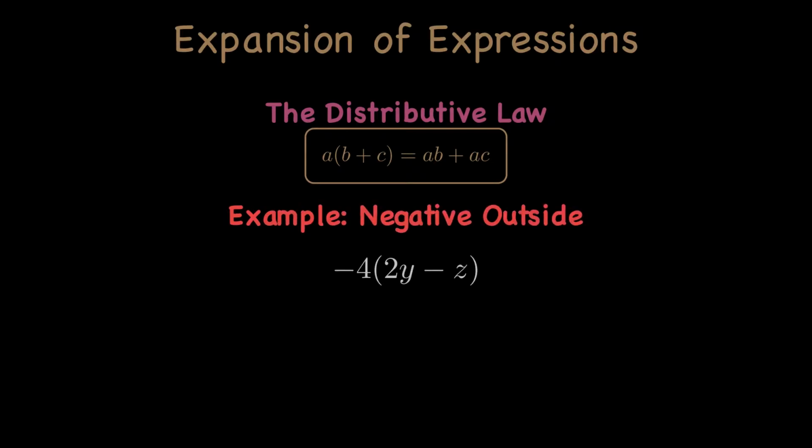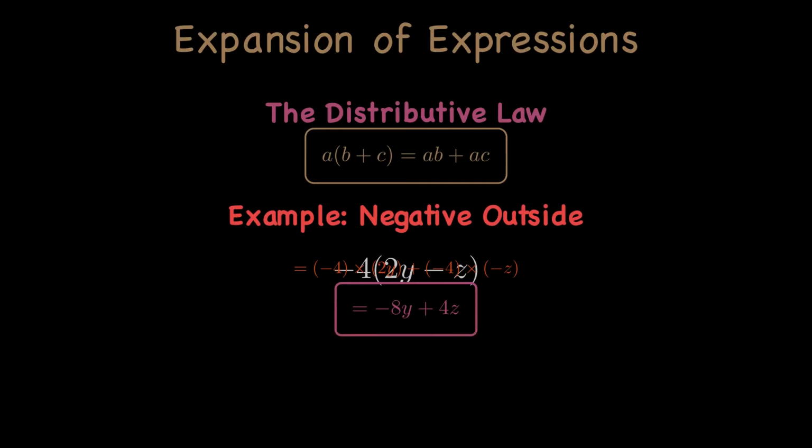Now a harder example. Negative 4 times the quantity 2y minus z. Be very careful with the negative sign. Distribute negative 4 to both terms. Negative 4 times 2y equals negative 8y. Negative 4 times negative z equals positive 4z. Remember, negative times negative equals positive.